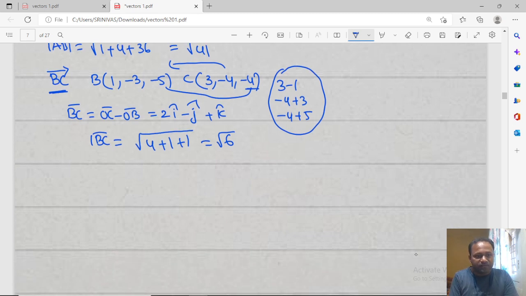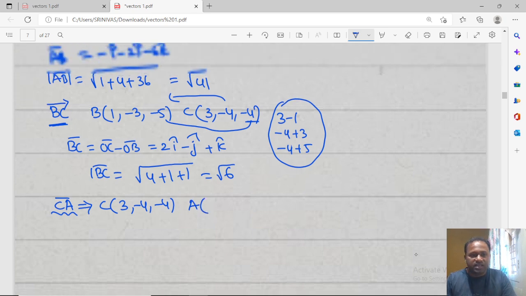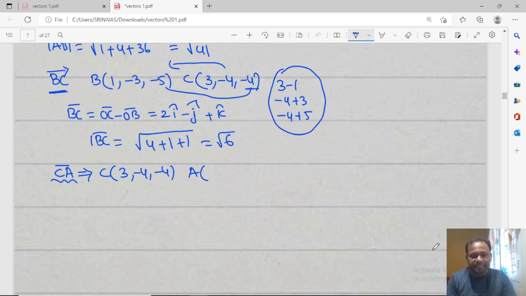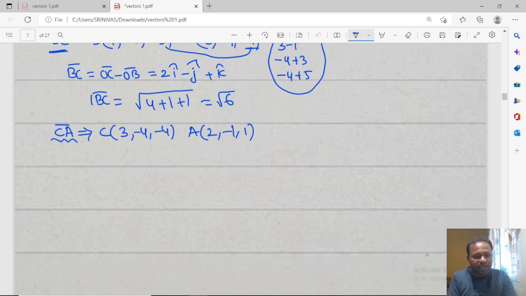And the last one, I will do CA bar. CA bar means here C value 3 minus 4 minus 4, and A value, what is A value? 2 minus 1 1. So CA bar I can find: CA bar is equal to OA bar minus OC bar.